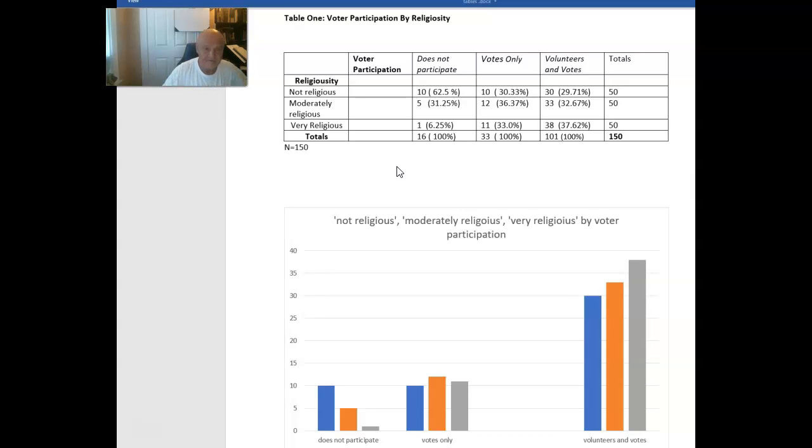Okay, but first of all, what we have here is voter participation by religiosity. Now, reading a table, one has to keep in mind, and you'll read these as we prepare to do our research projects. When you read a table, there are two elements of a table.